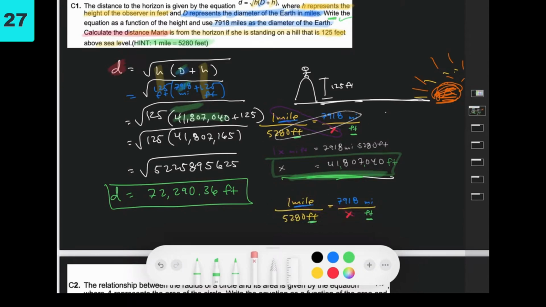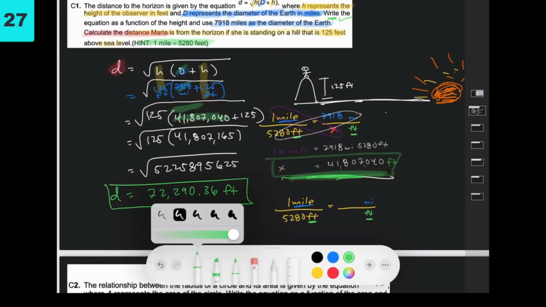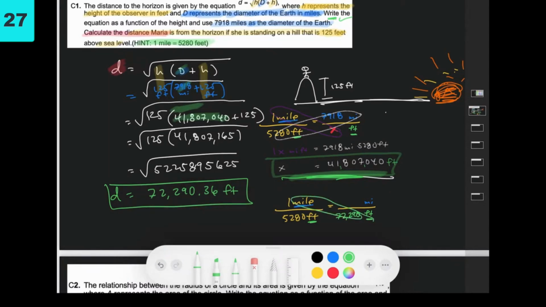Okay, so how does this thing work? Let's say you want that 72,290. You can cross multiply. That would just give you this number. And just multiply this, put an x there.